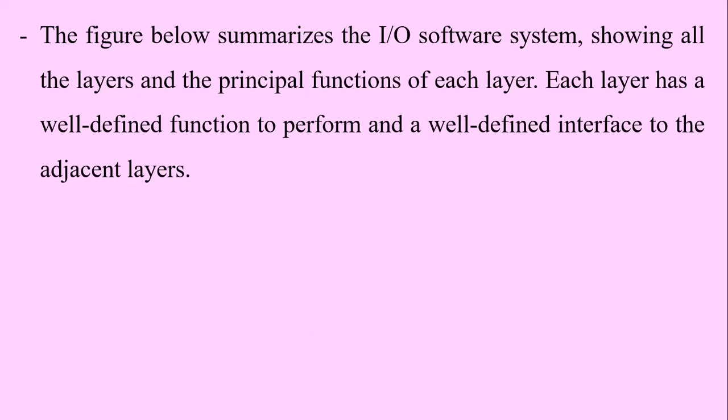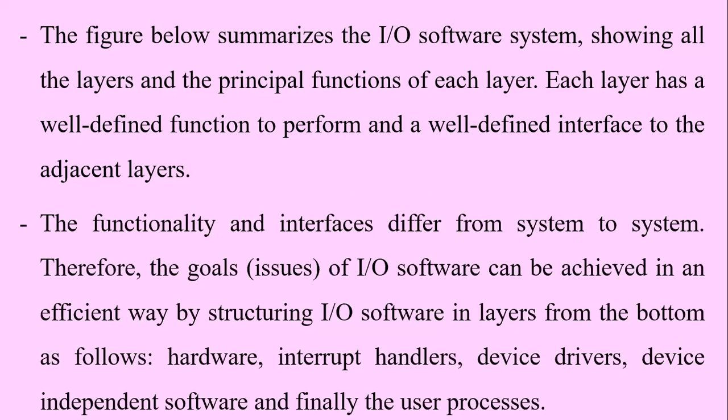The figure below summarizes the I/O software system, showing all the layers and the principal functions of each layer. Each layer has a well-defined function to perform and a well-defined interface to the adjacent layers. The functionality and interfaces differ from system to system.